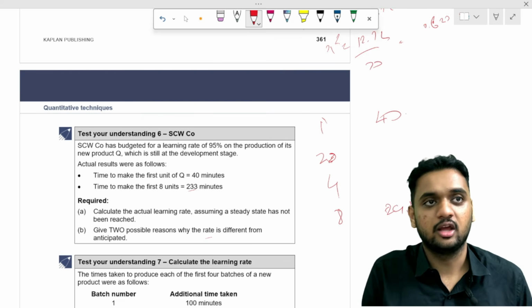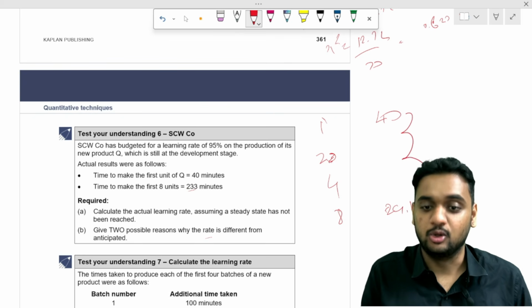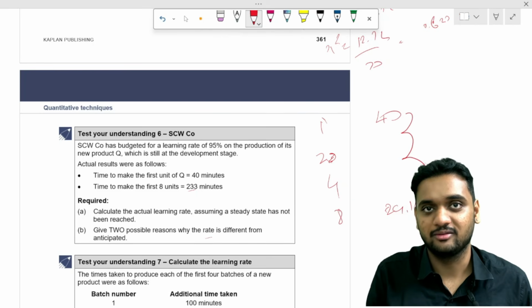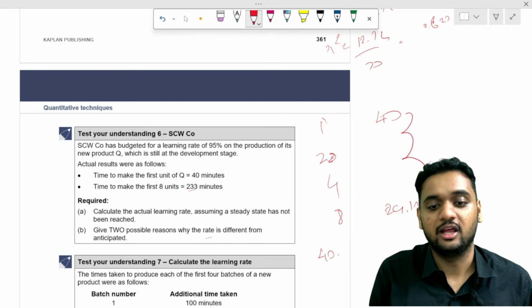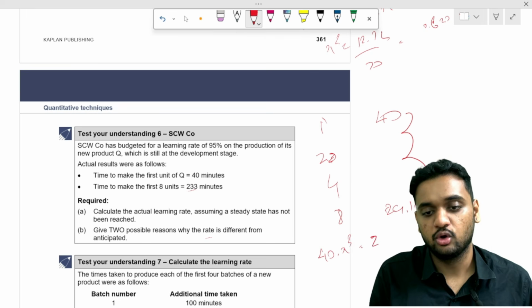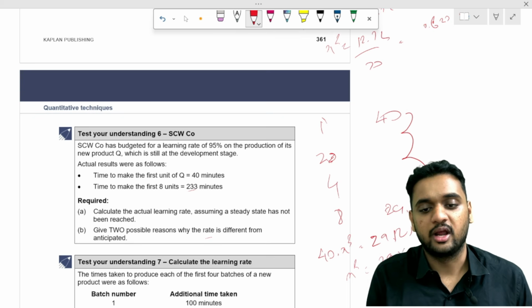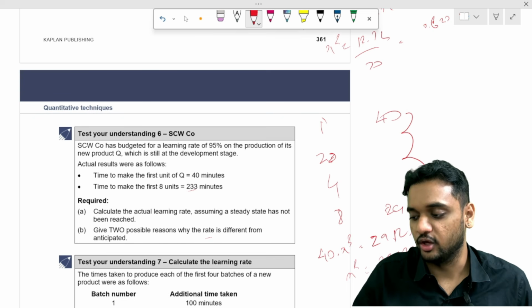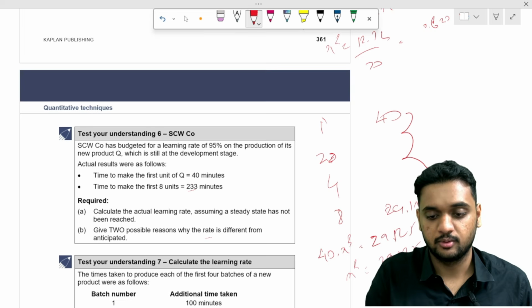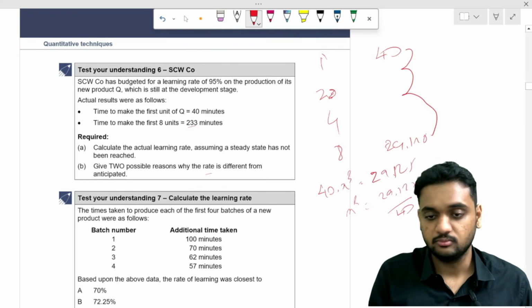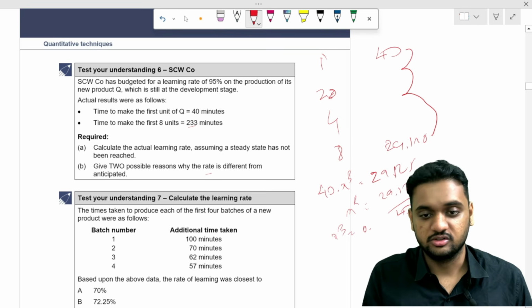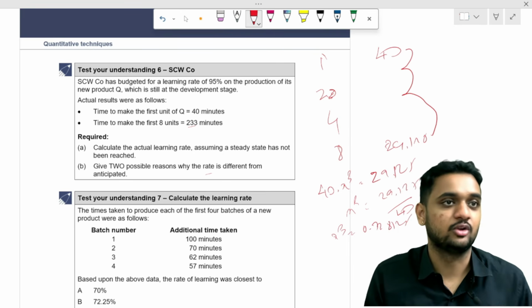29.125. So 40 into x into x into x should give you 29.125. So 40 into x cube should give you 29.125. x cube is equal to 29.125 divided by 40, which is 0.728125.